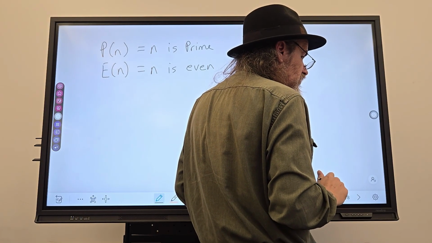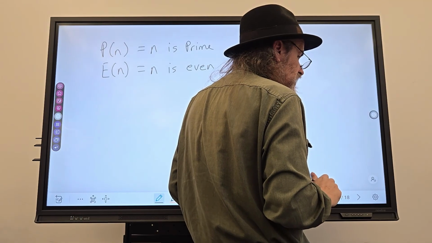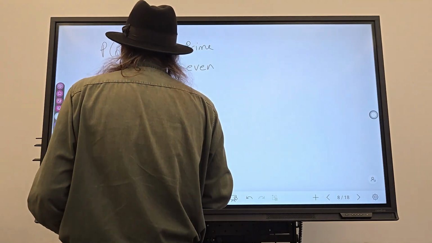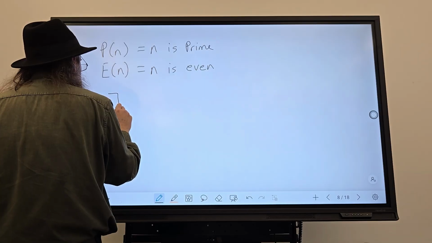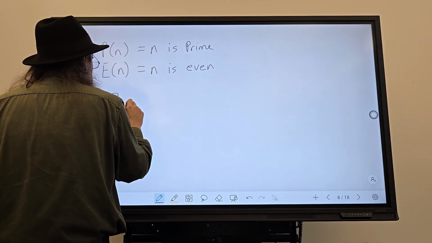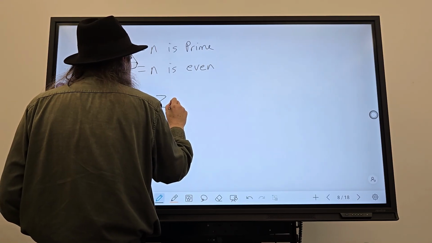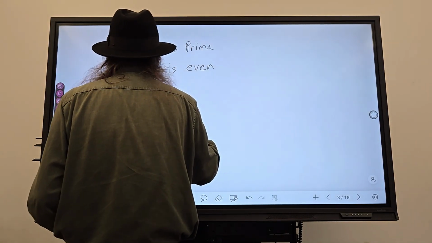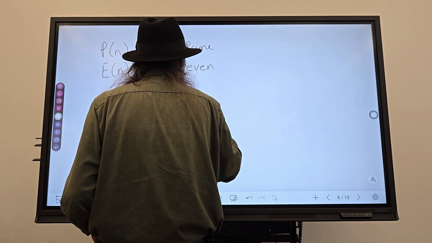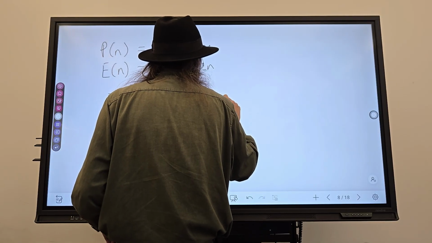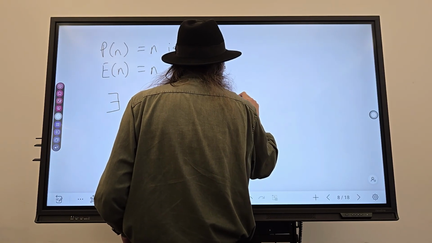There is an integer that is both prime and even. So the long way: there exists an n element of Z such that P of n and E of n.